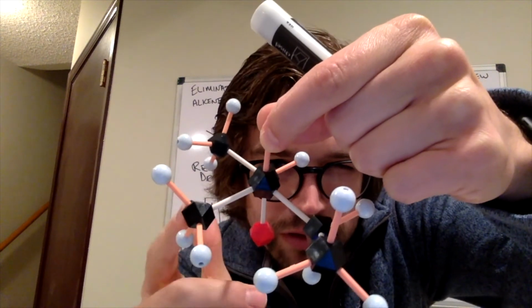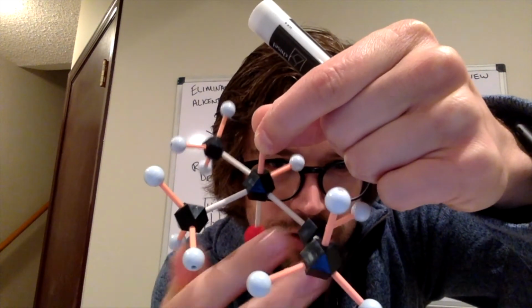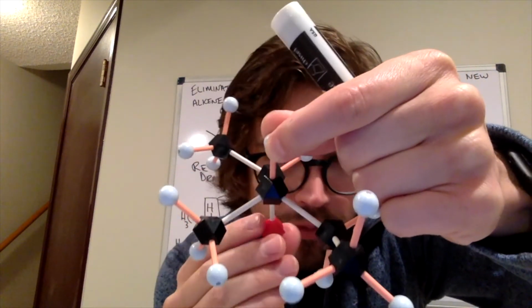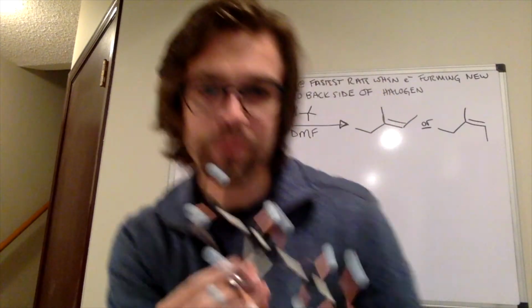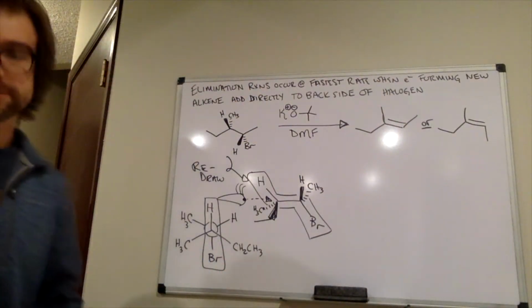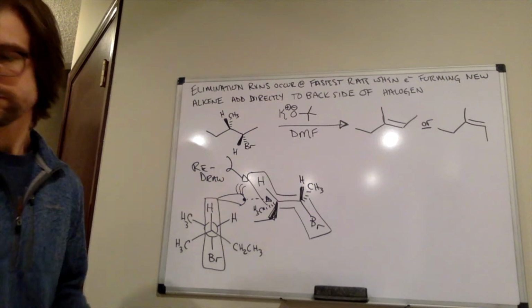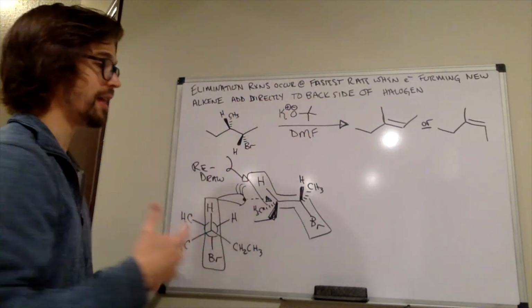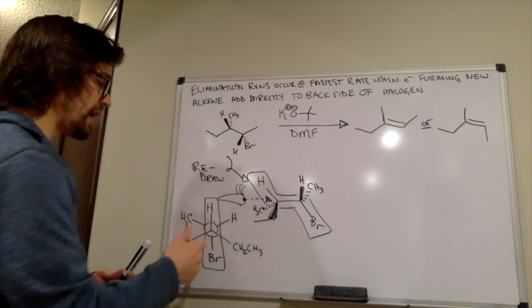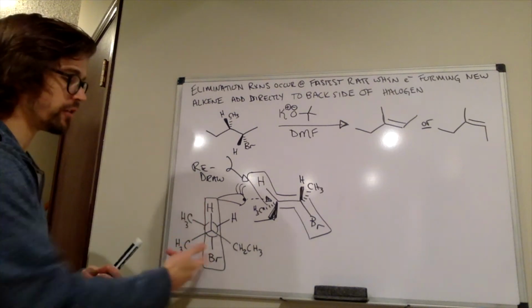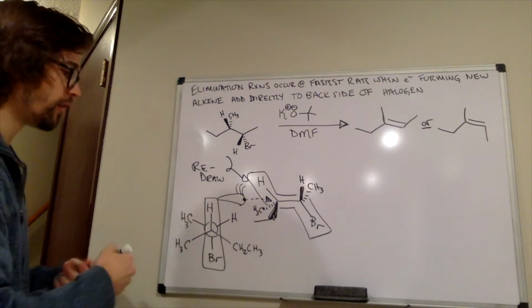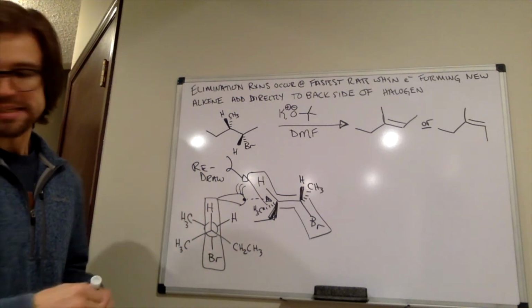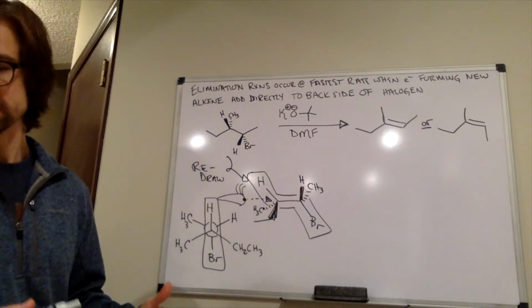And all of these groups, the CH2, CH3s right here, everything makes sense. Essentially we're in that favorable conformation. The H is 180 degrees from that Br minus, and this is called an anti-periplanar arrangement of atoms.